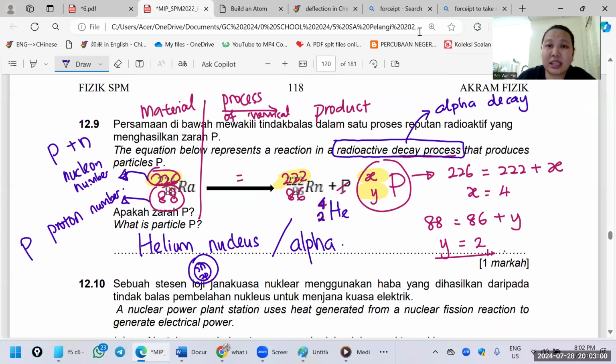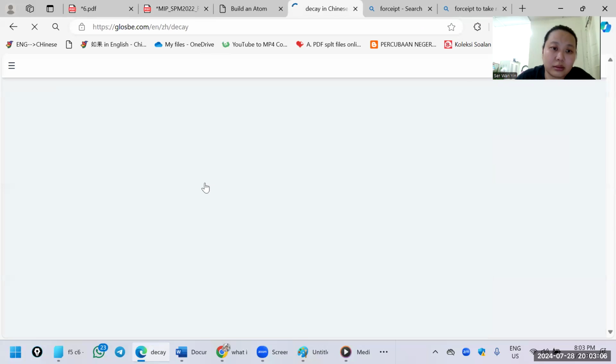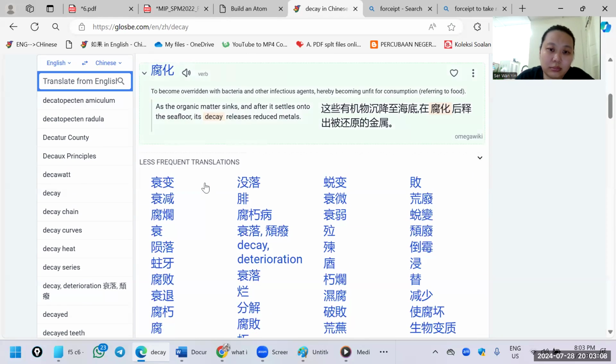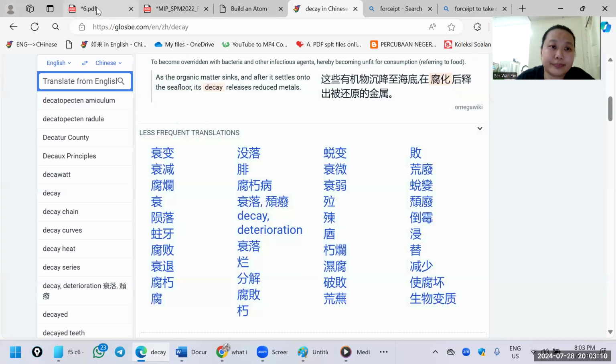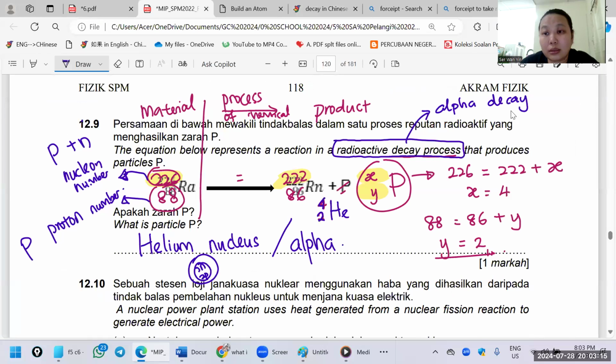What's the meaning of decay? Decay means it becomes weak or damaged. It becomes damaged because it emits out one alpha particle, so we call it alpha decay.